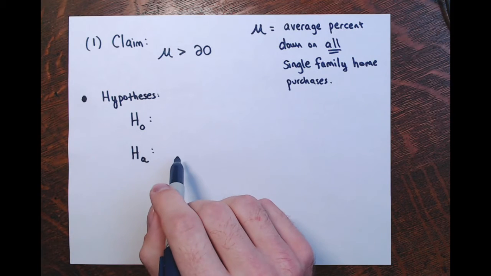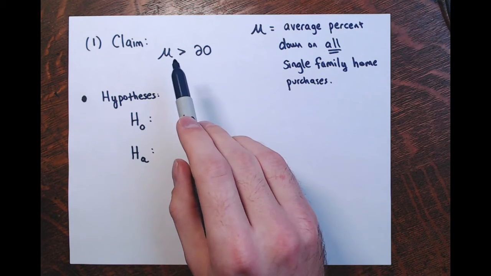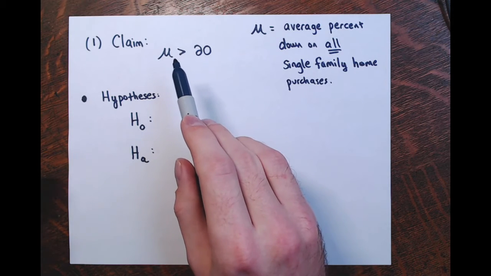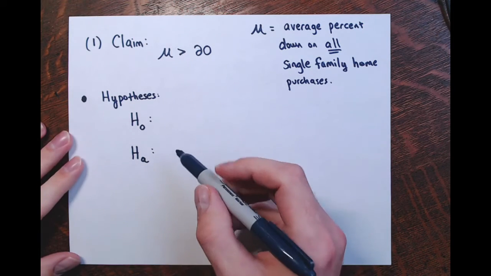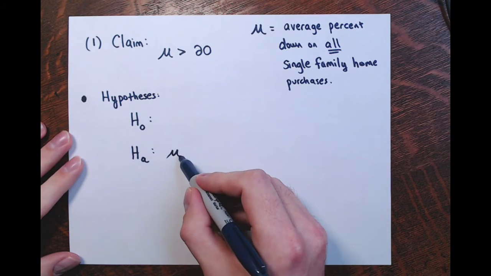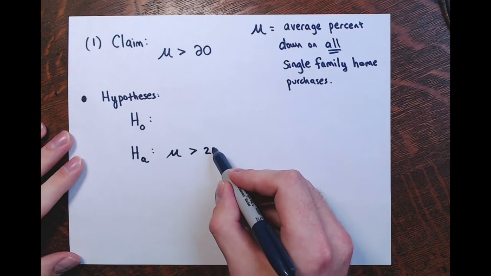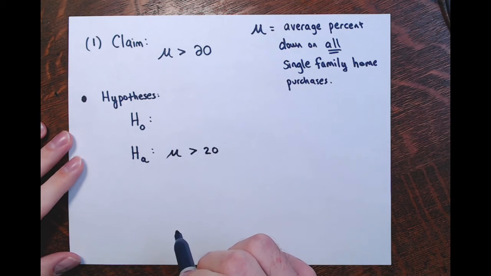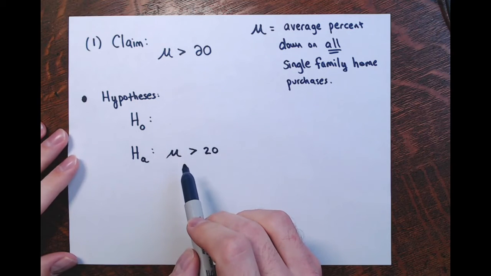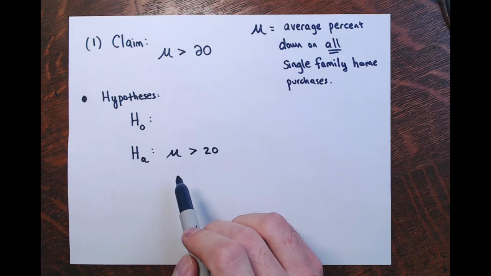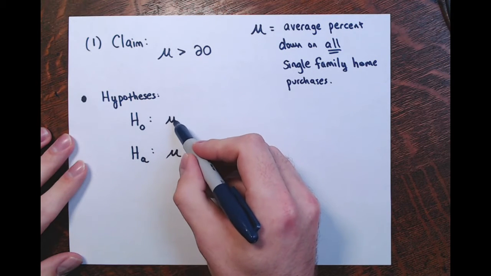The alternative does not. And the claim does not involve equality, so the claim will be represented by the alternative hypothesis: mu is greater than 20. The null and alternative hypotheses should be opposing statements. So what's the opposite of greater than? It's less than or equal to.